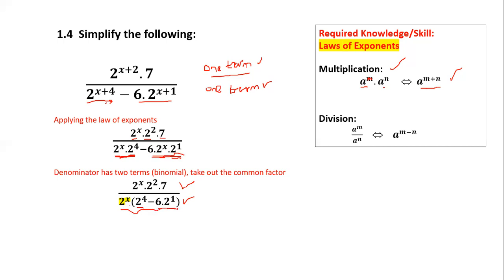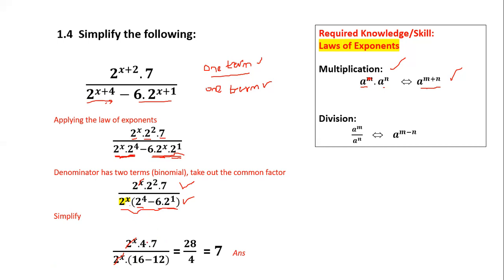Now we simplify. And how do we simplify? We simplify by canceling the common terms. There is 2 to the power x at the numerator, and there is 2 to the power x at the denominator. So those we cancel out. 2 to the power x cancels 2 to the power x at the denominator.